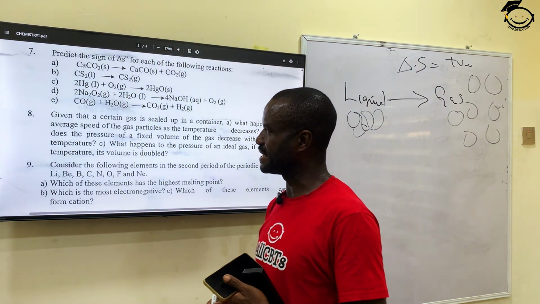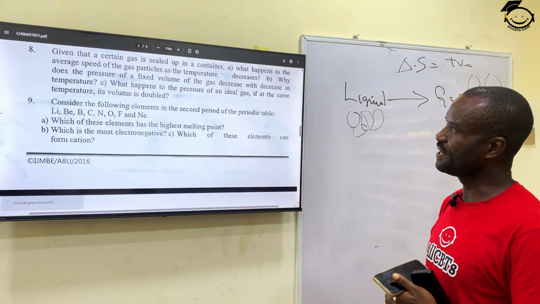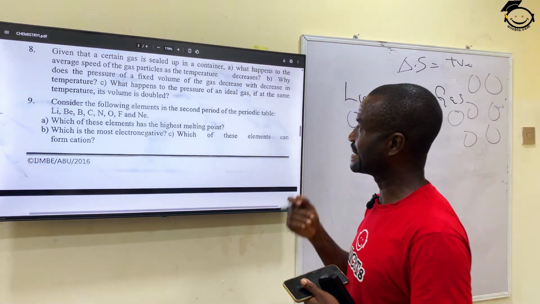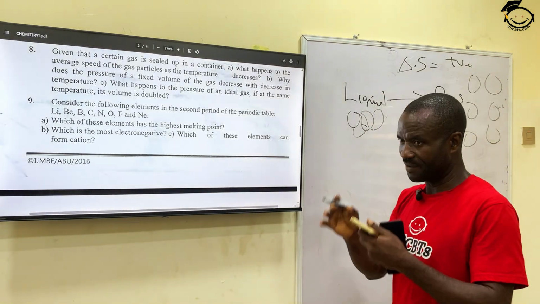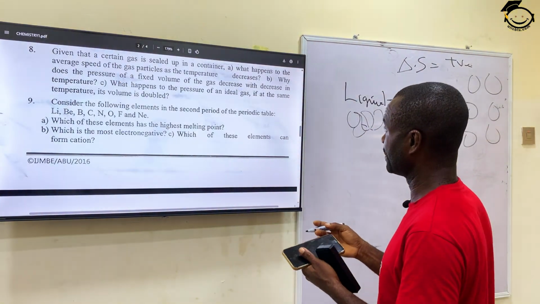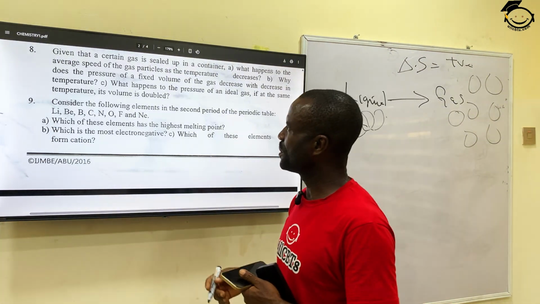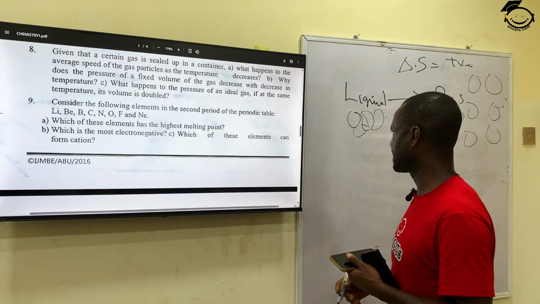So question 8 says, given that a certain gas is sealed up in a container, what happens to the average speed of the gas particles as the temperature decreases?